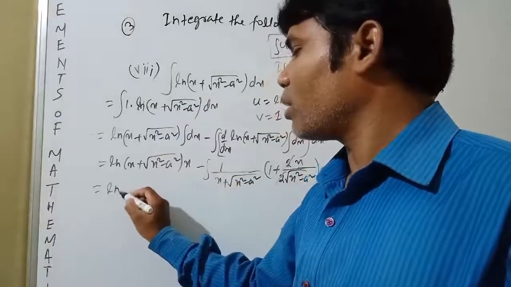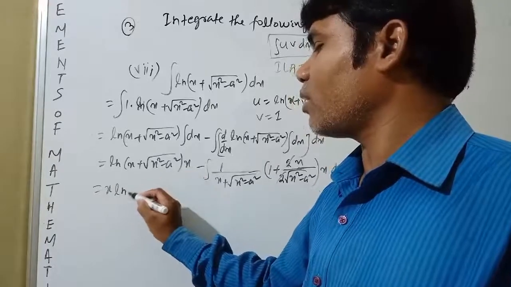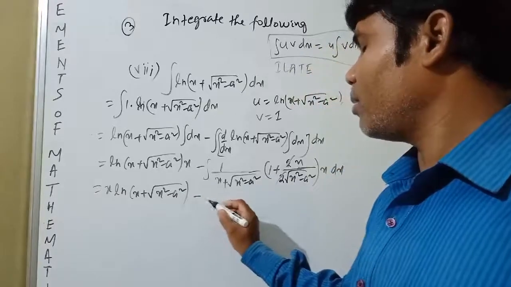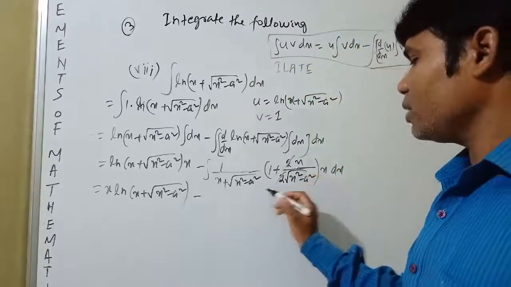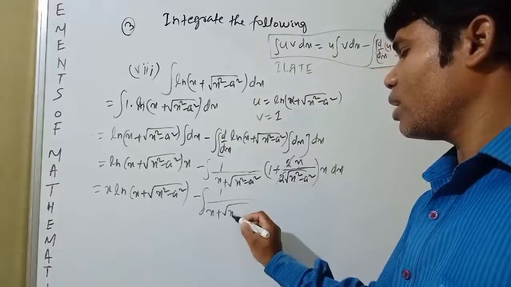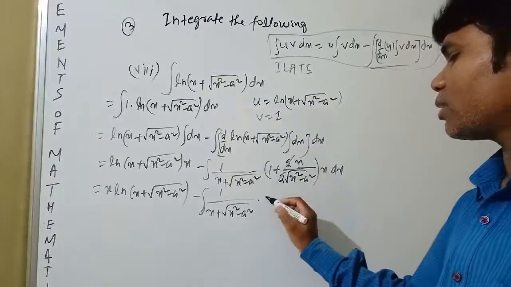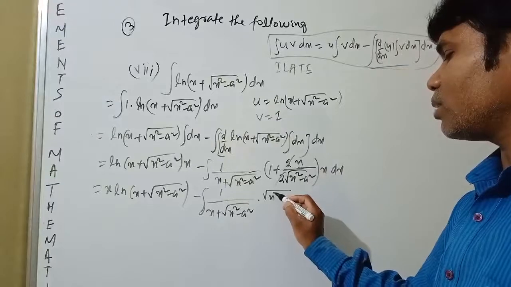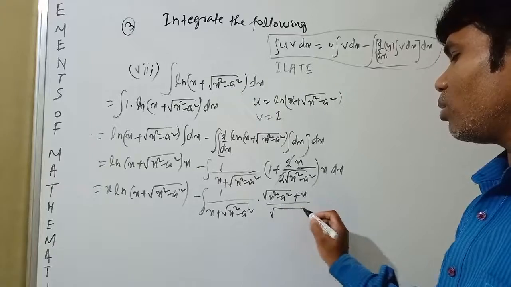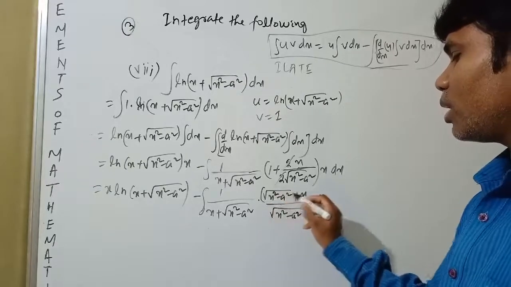So you write first x ln(x + √(x² − a²)) minus, you see here, 1 by (x + √(x² − a²)), and here you see 1 plus x by √(x² − a²), that is (√(x² − a²) + x) by √(x² − a²).